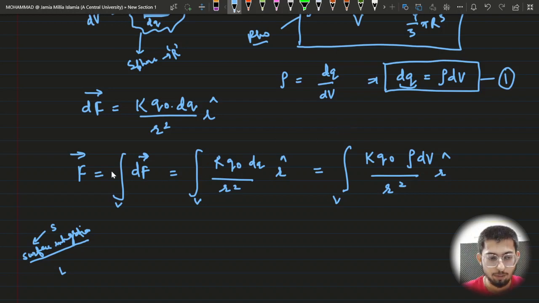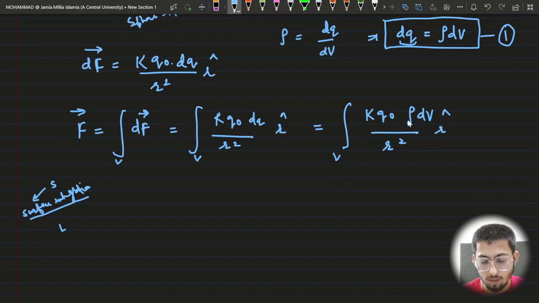This is the force. F is this thing: k dq rho times dv by r square, r unit vector. Now in this you can take out the common things which we need not integrate. So q naught is a constant, k is a constant, rho is a constant, and everything else inside the integral.